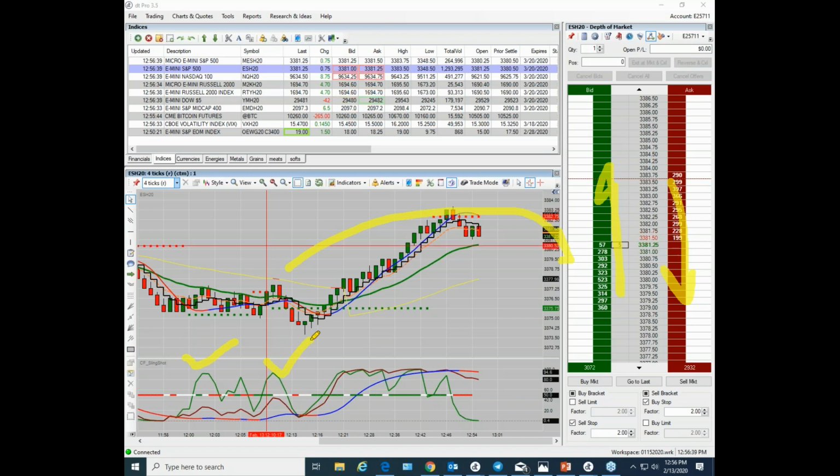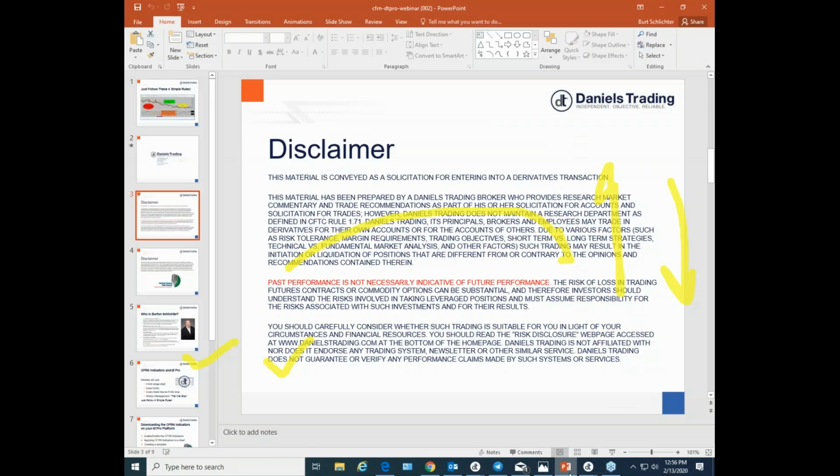So all the things I scared you with earlier, CFRN is doing all the right things to avoid what I am telling you right now, which is the disclaimer. You can lose everything and some in your trading account, okay? Now, you can do all that stuff. You can be using the stop losses.